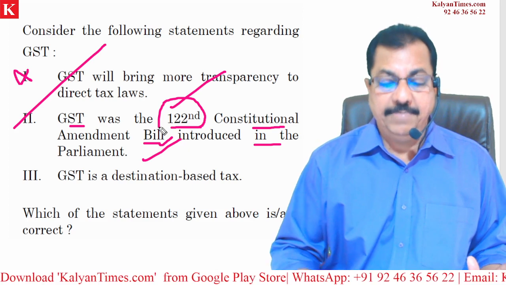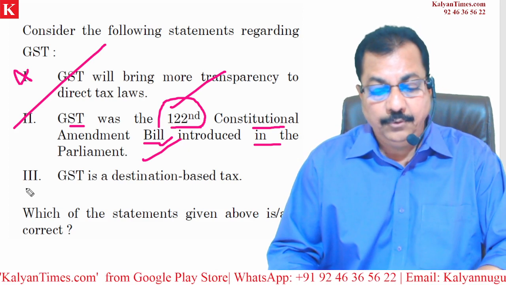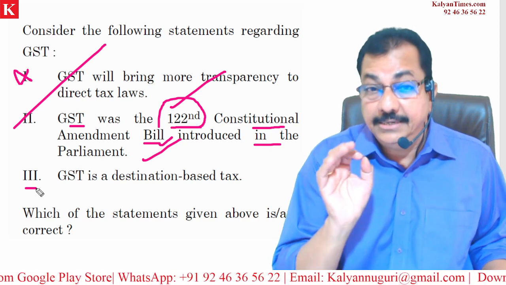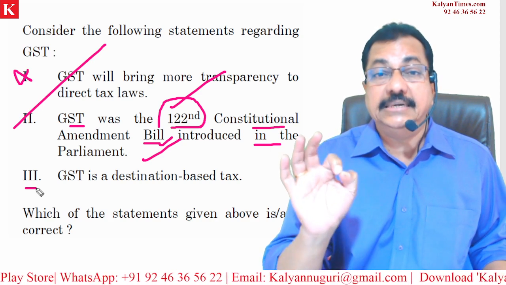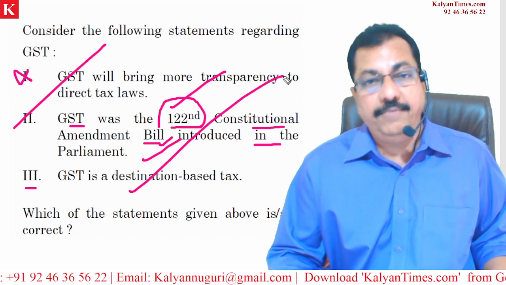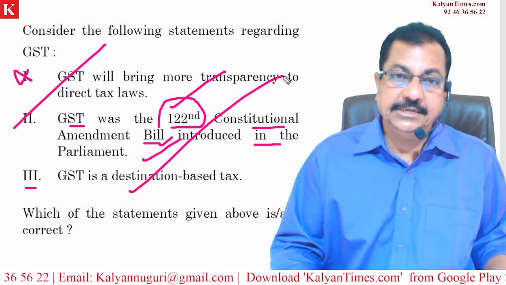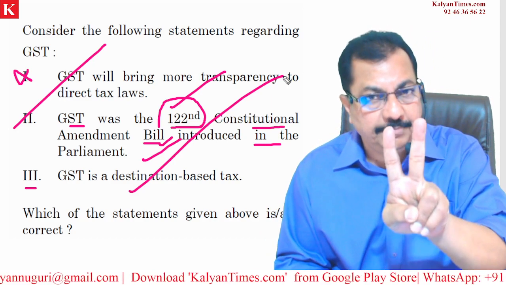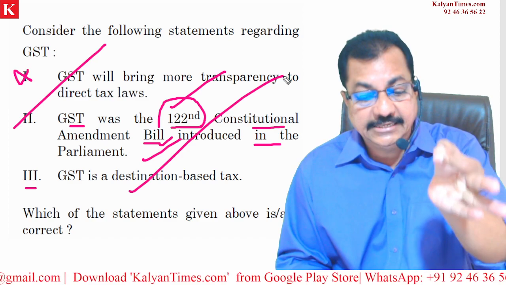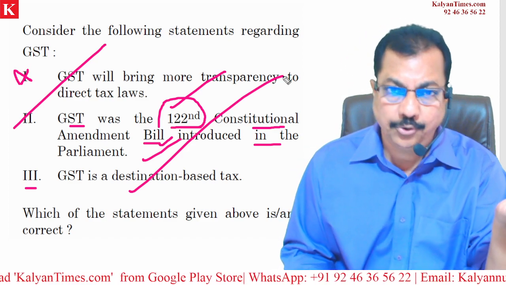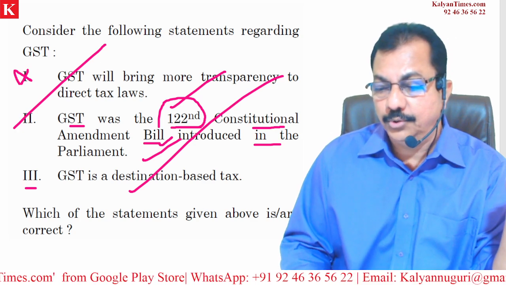Similarly, statement number 3, GST is a destination based tax. We have discussed very comprehensively, and the statement is right. So out of the 3 statements, 2 are right, the second and third statements, and the first statement is wrong. Accordingly, you can go to the answer.